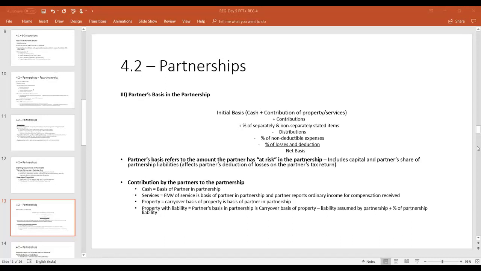But when we are talking about the individual partner's basis, the calculation where I said the partner's basis is the carryover basis of property minus the liabilities assumed by the partnership plus percentage of partnership liability, how is this calculation different from, say, an S corp shareholder's basis? Does anybody know the answer to this?